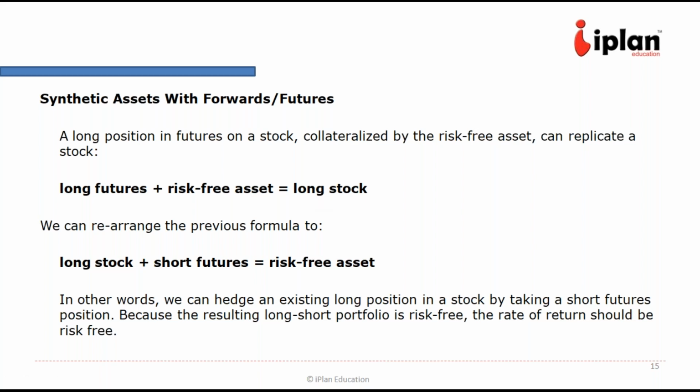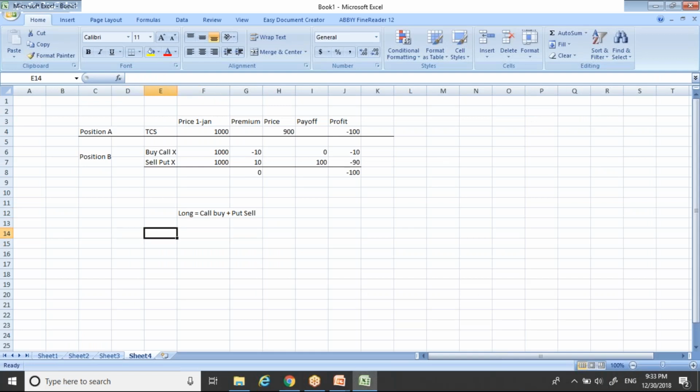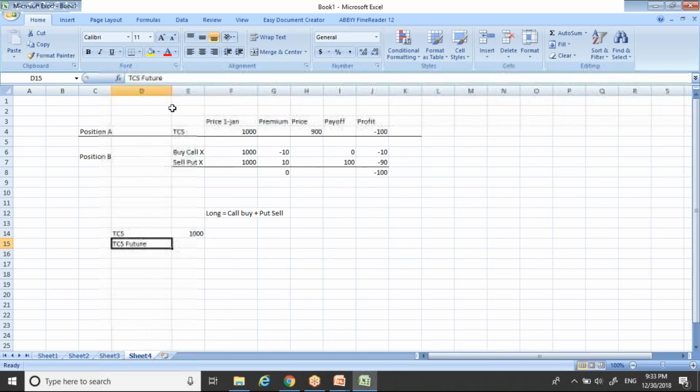So synthetic stock with future, what does it mean? See, we know that the value of any stock. So let's suppose the price of a stock, let's suppose I keep it TCS again, that is 1,000, and the price of TCS future will obviously have some time value added to this thing.